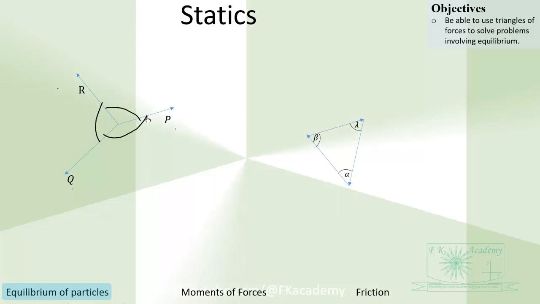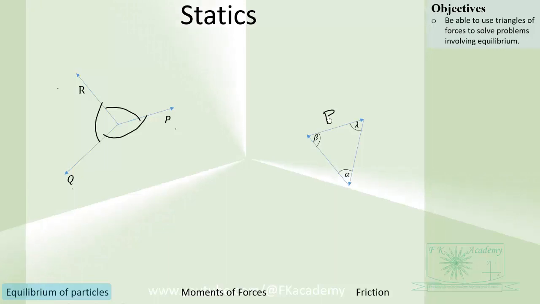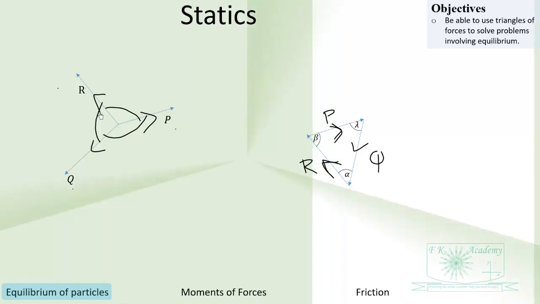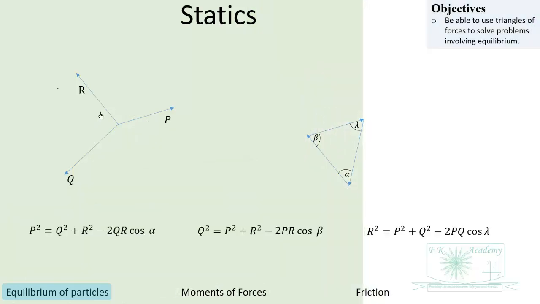Then, to find the missing values, let's say the angle between the forces, the acute angle between the forces, or the magnitude of the forces. So in this case, we can see the force moving like this is P, and the force moving like this one is R, and the one moving like this is Q. So we see P, then we see R here. So we can use the cosine rule to solve the missing values.